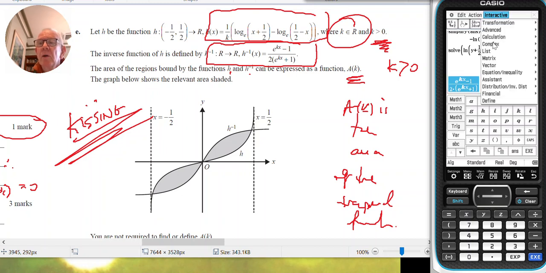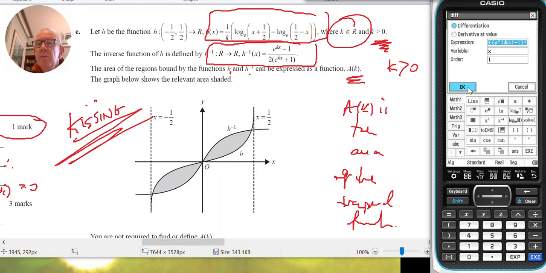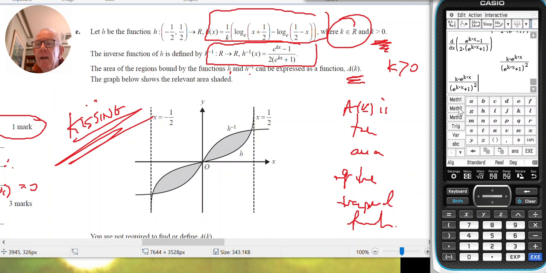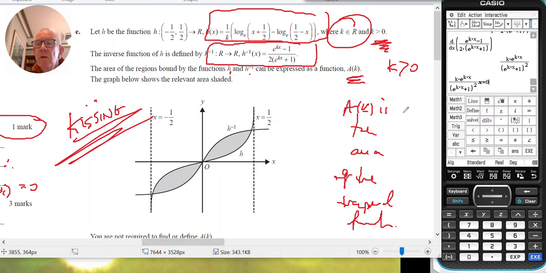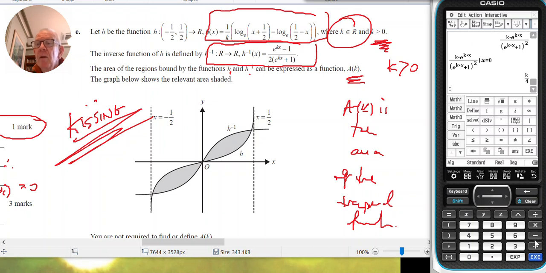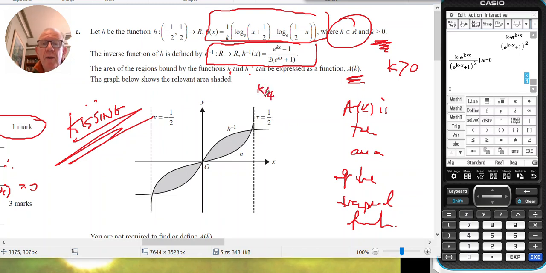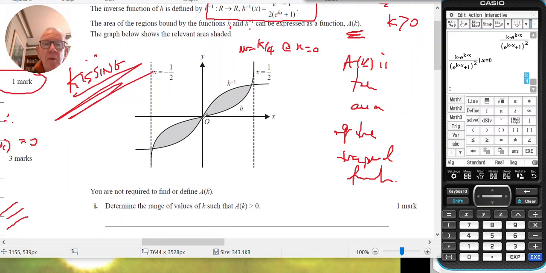So if I was to go calculate the derivative, and I'm going to make x equal 0, sorry, because that's where the intersection point here is, given x equals 0, and k on 4 will be the gradient at x equals 0. For it to be kissing, I want that gradient to be 1, so that my logarithm and my exponential both have the same gradient of 1. Therefore, k equals 4 is where they're kissing.